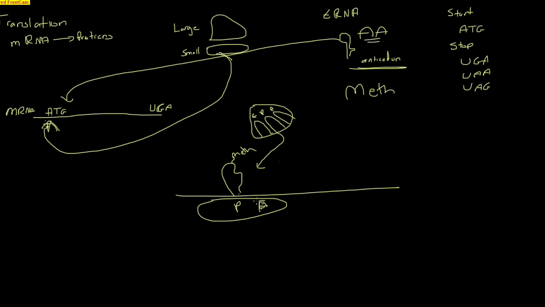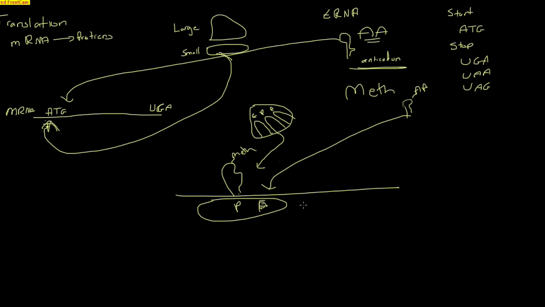So in this A site, we have another codon coding for another amino acid. So that's going to bring in another tRNA with another amino acid, and that's going to come in over here in the A site. So once that comes in, the methionine from the P site is going to transfer to the amino acid tRNA on the A site.